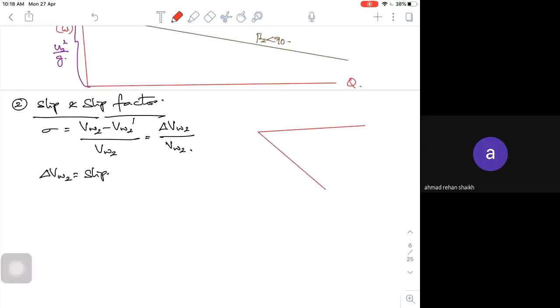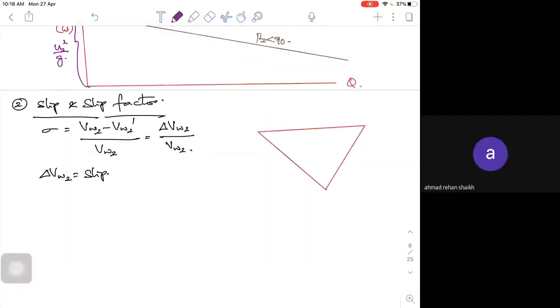If I write only the exit velocity triangle, it may look something like this.